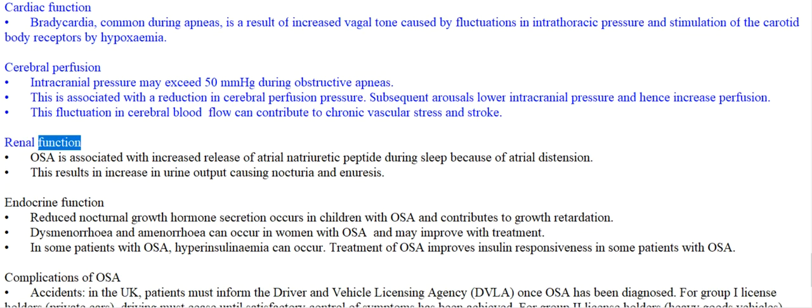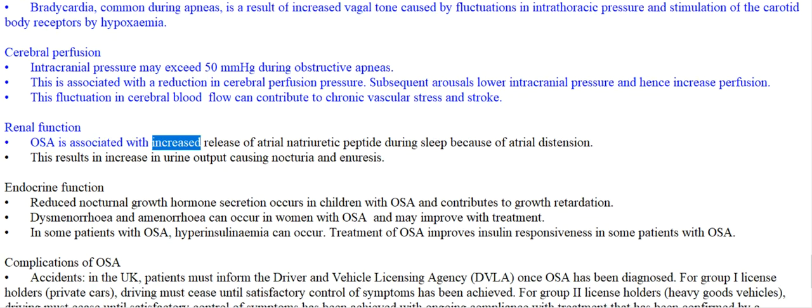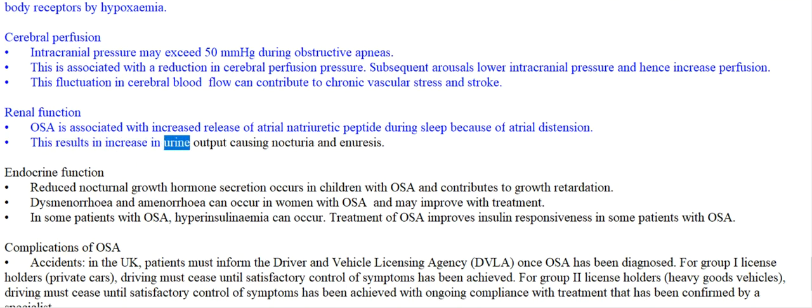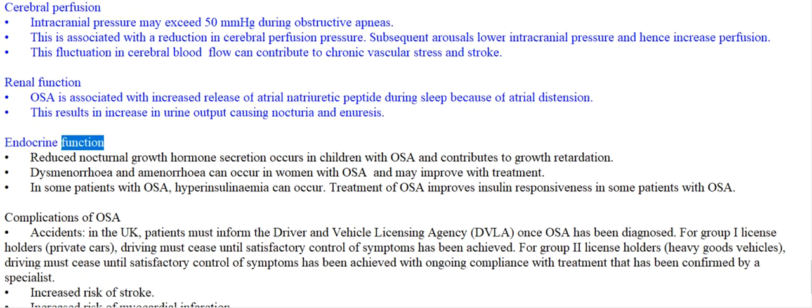Renal function. OSA is associated with increased release of atrial natriuretic peptide during sleep because of atrial distension. This results in increased urine output, causing nocturia and enuresis. Endocrine function.